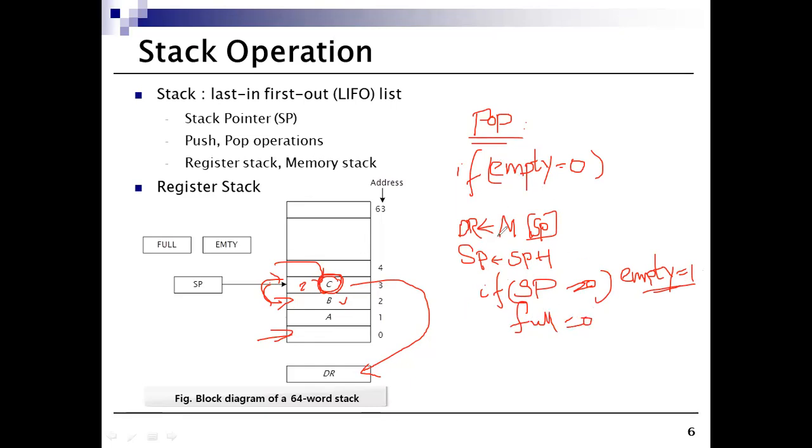For every pop operation, my full flag will be 0 because one element has been deleted. The stack is not full, irrespective of whether SP reaches 0 or not. Full flag will be made 0 after one pop operation. These are the micro operations for pop.